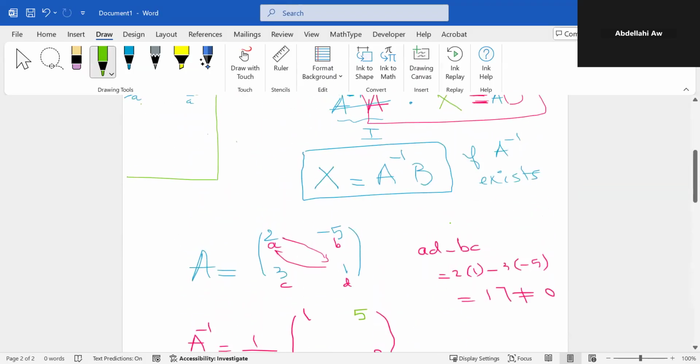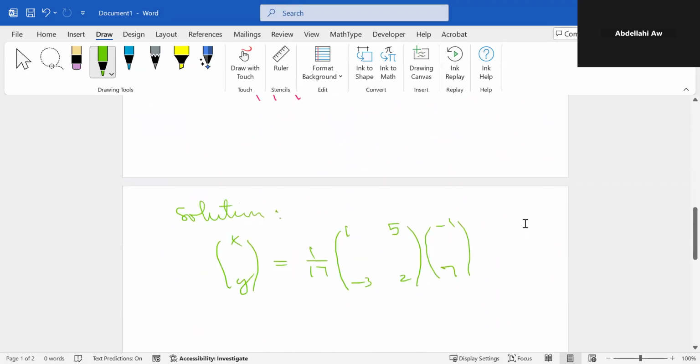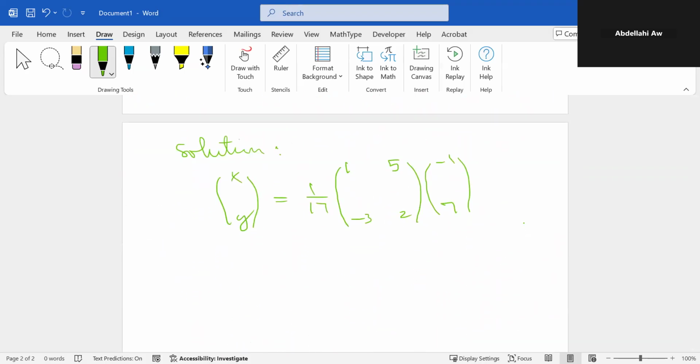That's what we said. We said X is equal to A minus 1 times B. That's the solution. If we do this multiplication, then we are done.